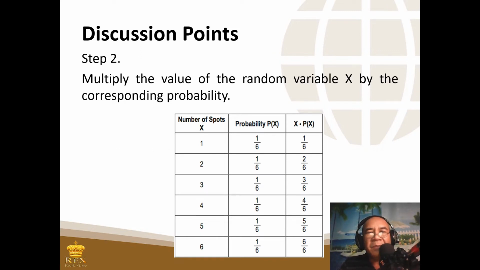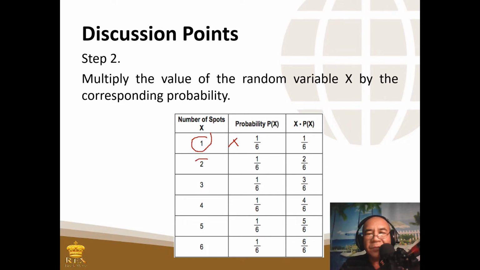So you simply multiply 1 times 1 over 6. In multiplying the whole number to the fraction, you simply multiply 1 times 1, which is 1, and copy 6. So your product is 1 over 6.